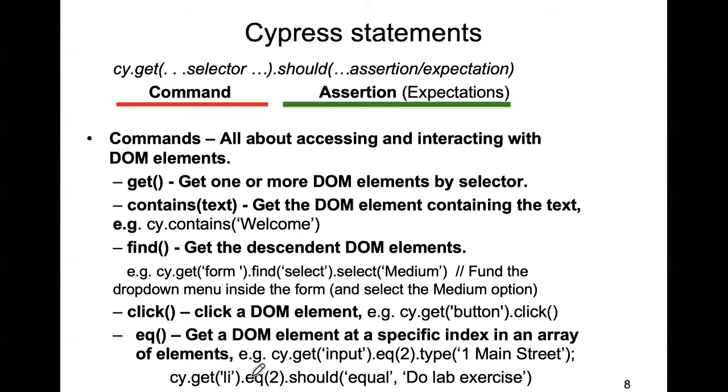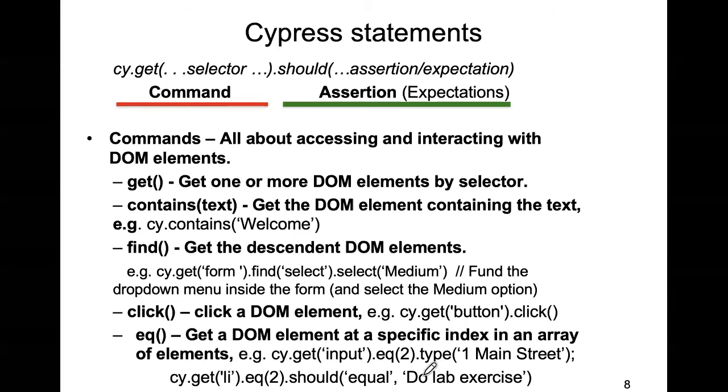Here's the table example that I began to talk about. So I'm getting, have I made another mistake? I have. I keep talking about table and there's no table there. It must be later on in the slides. Hopefully, maybe you can work out this one now. Here I'm looking for all LI elements. I'm picking out the third one and I'm making an assertion that the third one should contain that string.